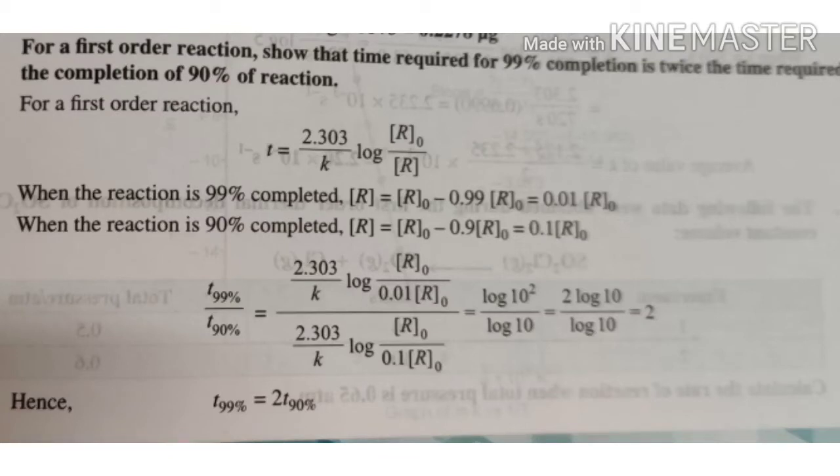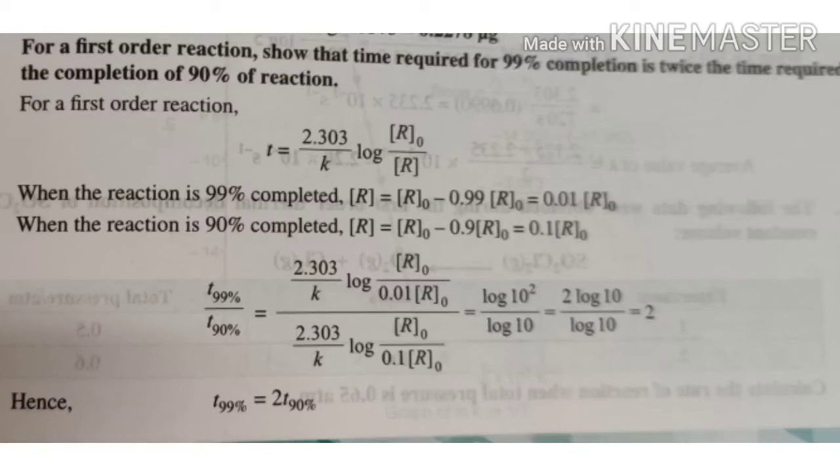Now we can write here T99% upon T90% is equal to 2.303 upon K log R0 upon 0.01 R0, upon 2.303 upon K log R0 upon 0.1 R0. That means we are comparing. So everything will be cancelled.